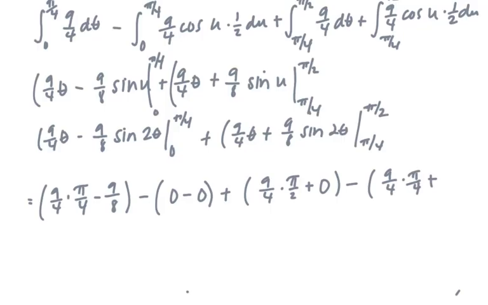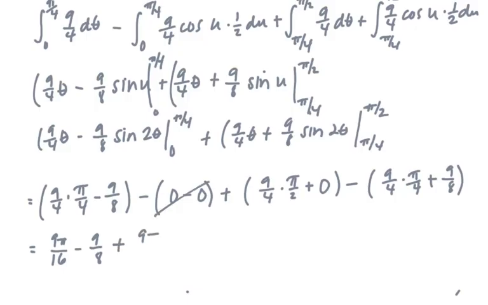plus sine of 2 times pi over 4. 2 times pi over 4 is pi over 2, and sine of that is 1, so it's just 9 over 8. So this gives us 9 pi over 16 minus 9 over 8. This is gone.